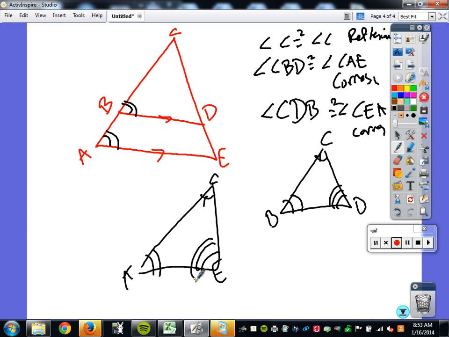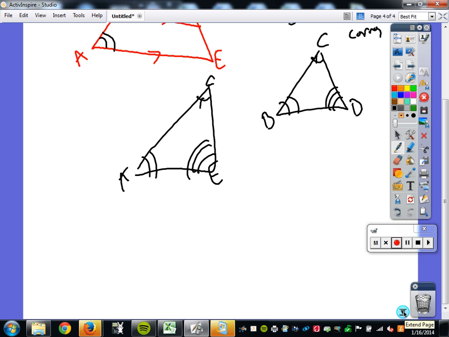Somebody tell me my similarity statement there. Remember, the similarity statement is like triangle ABD is similar to CFG. Triangle AQE... Well, we can't say congruent. Sorry, that's my fault.